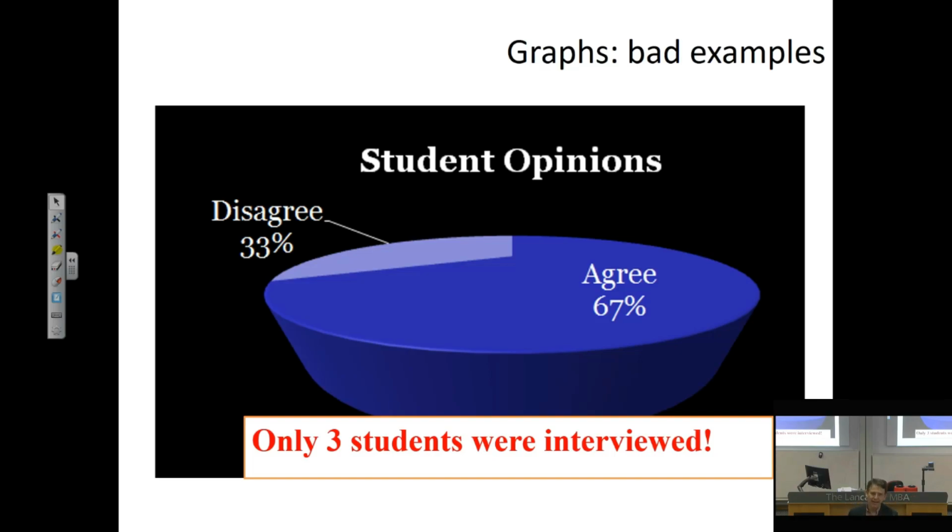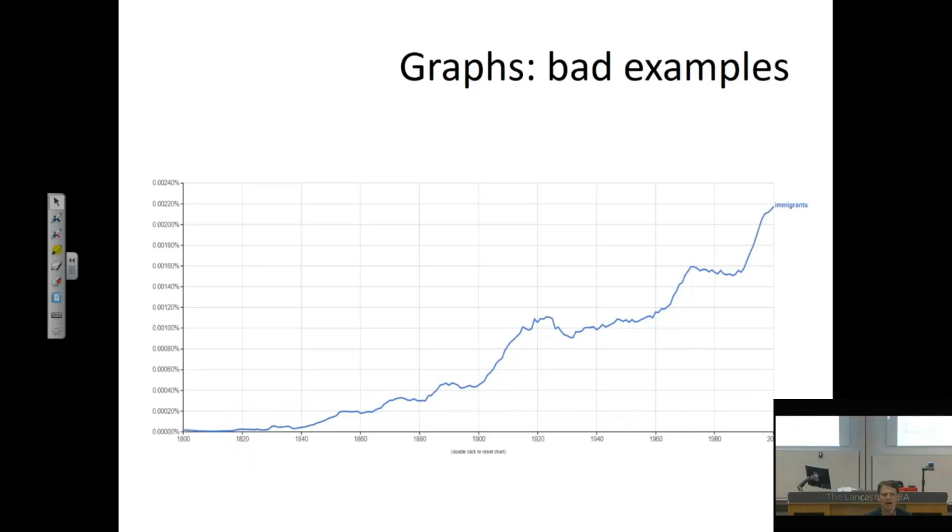So again, some of the data visualizations can be helpful, but some can be unhelpful in various ways, as we discussed. Again, this is a very popular graph that comes from the Google Ngram. Has anyone used Google Ngram before, or seen Google Ngram before?